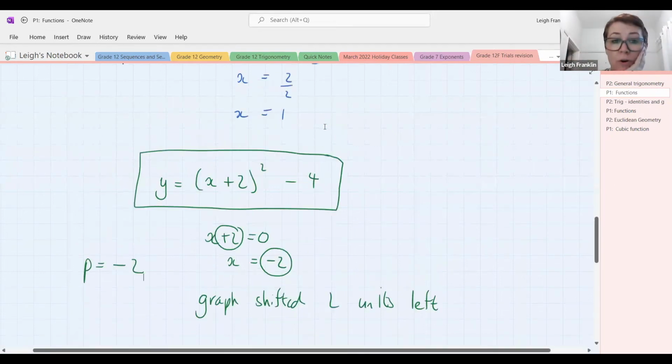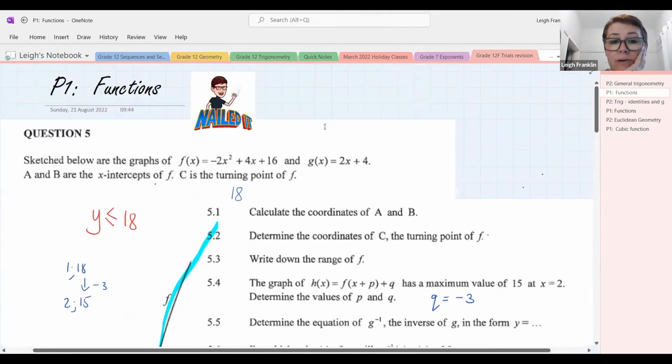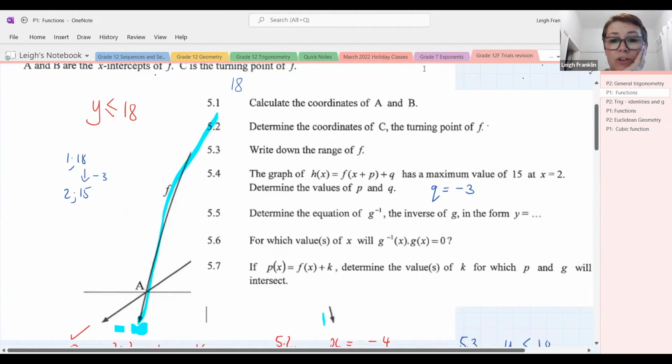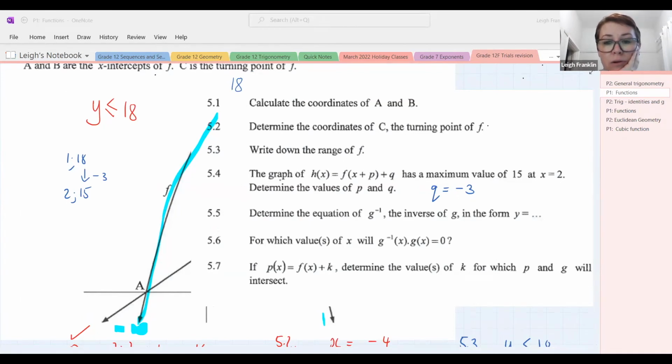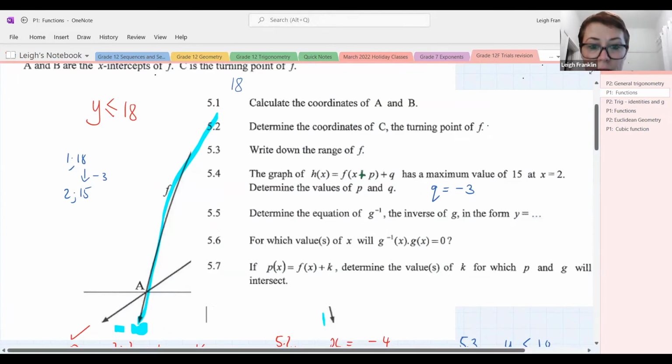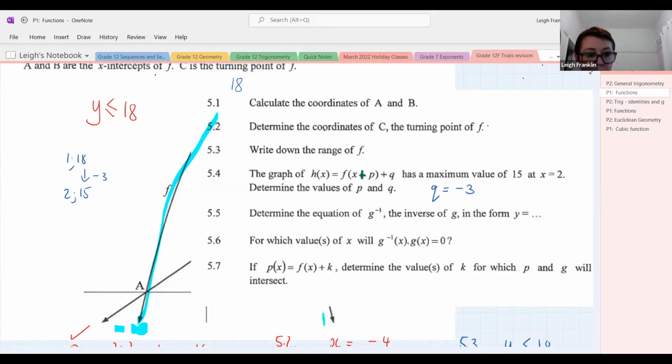So good. Now we've got that. So now here, in this situation, what is the value of P? Careful, just be careful here because there's a plus there. Exactly.